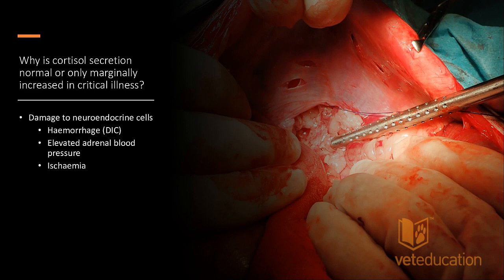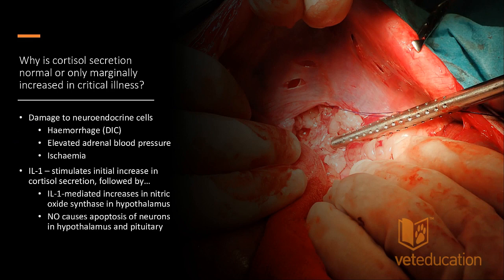There can be hemorrhage from conditions like disseminated intravascular coagulopathy due to severe systemic inflammation in our patient. We can have elevated adrenal blood pressure, and we can have ischemia as well. This particular photograph was taken from a patient that had a kidney avulsion secondary to a dog attack. It's also got some diaphragmatic tears that we can see in here as well. But this is a patient who had lots of hemorrhage around his adrenal gland as a result.